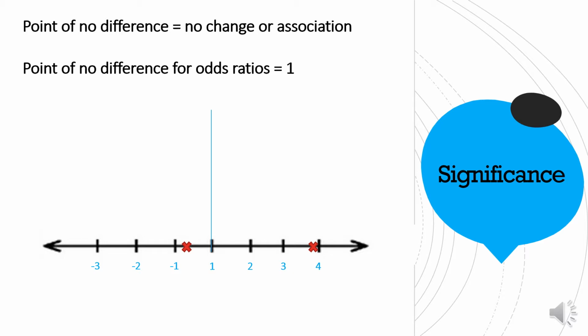Being less than our point of no difference, 1, the intervention actually reduces the chances of the outcome occurring and is also statistically significant. Only odds ratios of 1 are not statistically significant, as they show no association between the intervention and outcome. As a rule of thumb, case control studies should have an odds ratio of greater than 4 to be impressive.